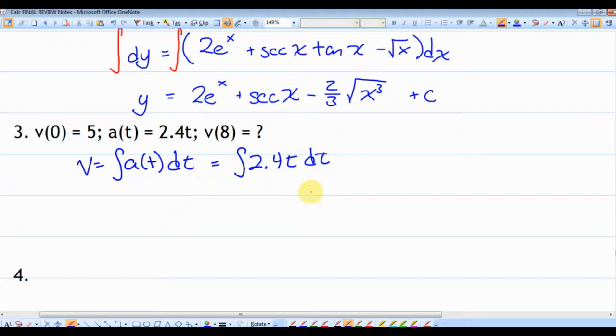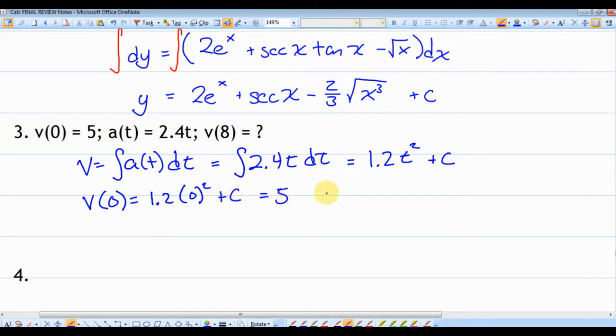Okay, what's the antiderivative of 2.4t? 1.2 t squared, yeah, plus c. Good. All right. What is the value of that c? 5. So the constant is equal to 5, right?